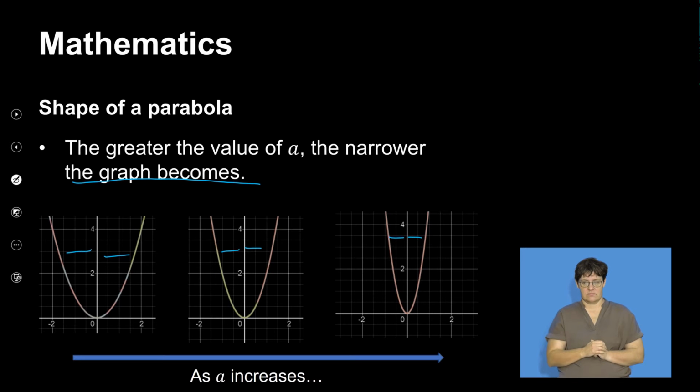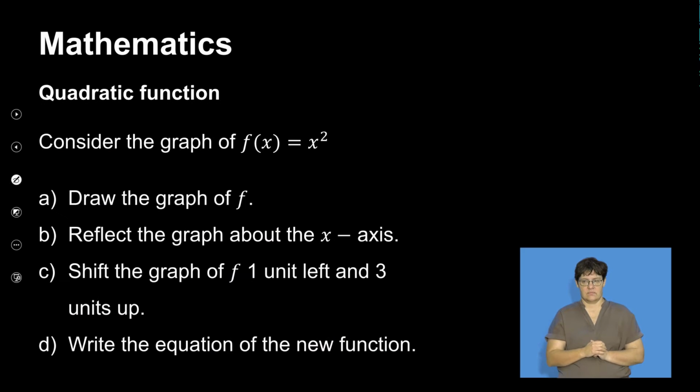Just so that we can look at a specific question now, how do we change these parameters? The first question wants us to draw a graph of f of x equals x squared. And then we'll go down the questions to see what it ends up as at the end.